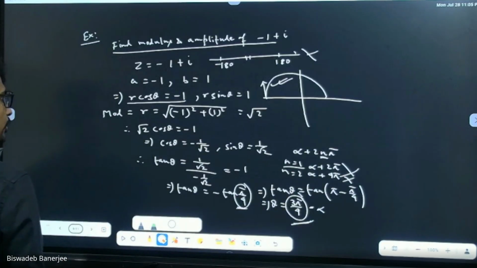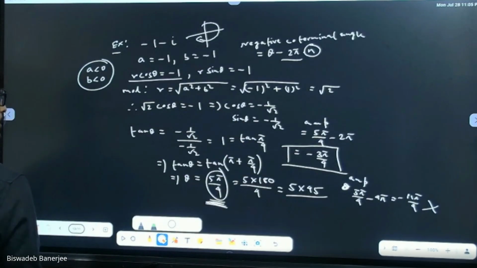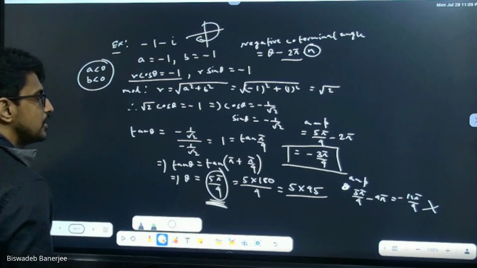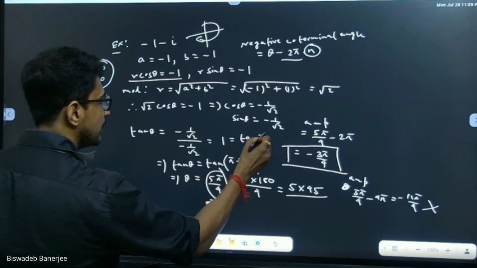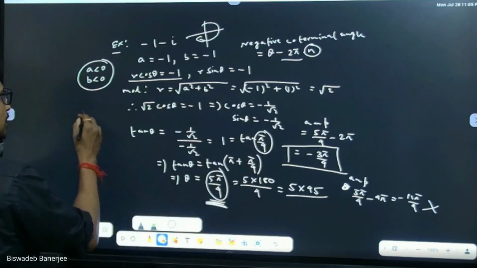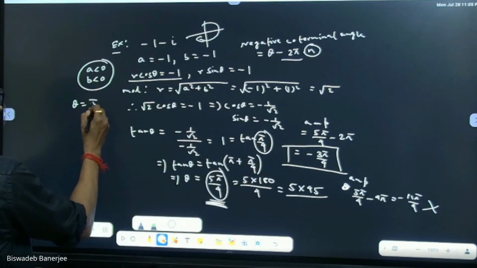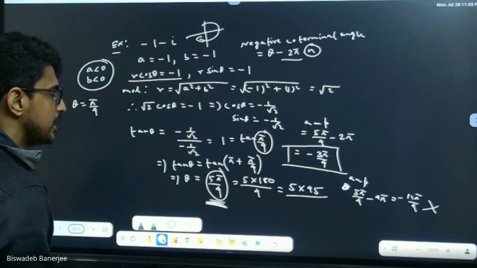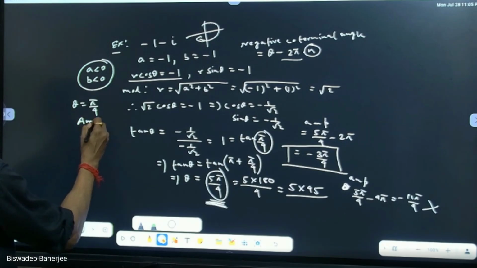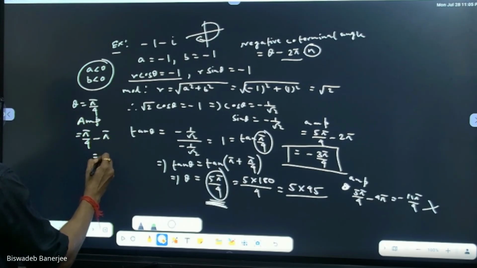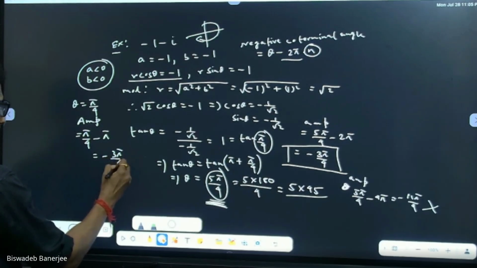If we apply this concept here, my theta is pi by 4. So my amplitude will be theta minus pi. See that we are getting the same answer.